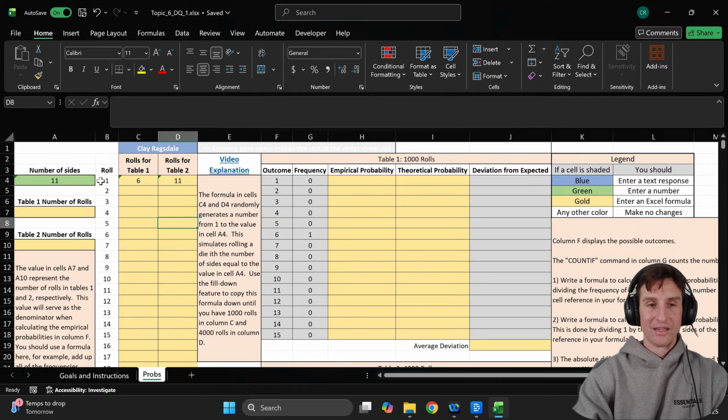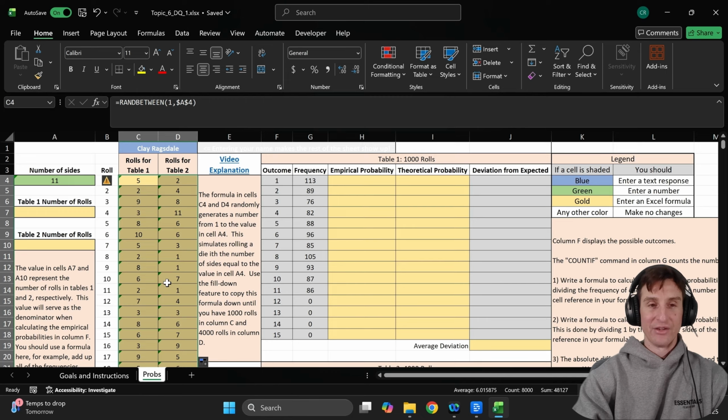Now, we could go to our black cross and drag all the way down, but if we want to drag down 1,000 terms, that's going to be a while of dragging. Same thing over here, even more so with 4,000. So what we can do is highlight both, go to the right corner, and we get the black cross again, but now we're just going to double click.